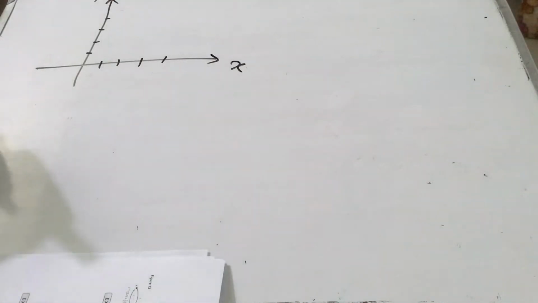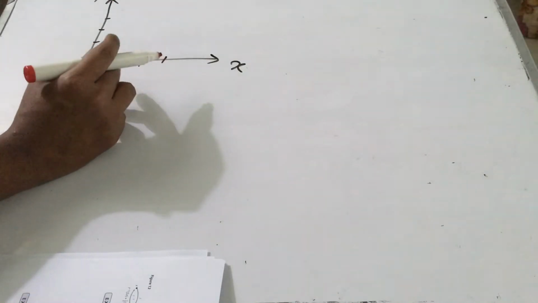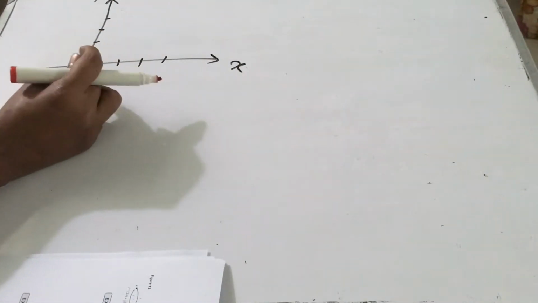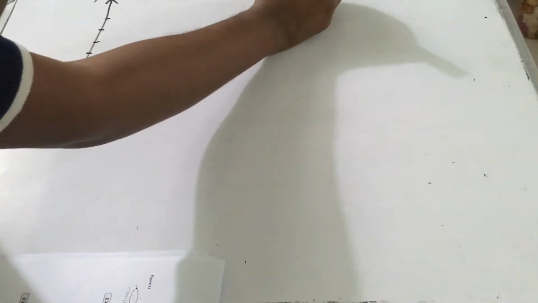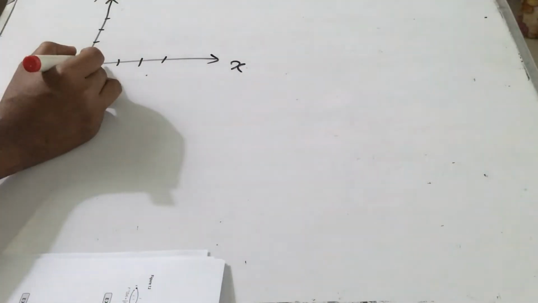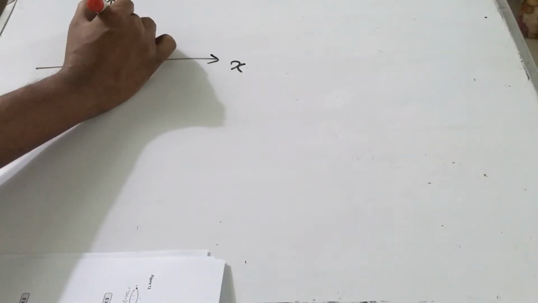Now suppose we have a point, let's say 1, 4. So 1 is here and 4 is here. This is the point.